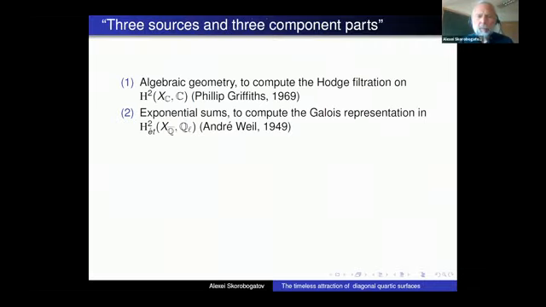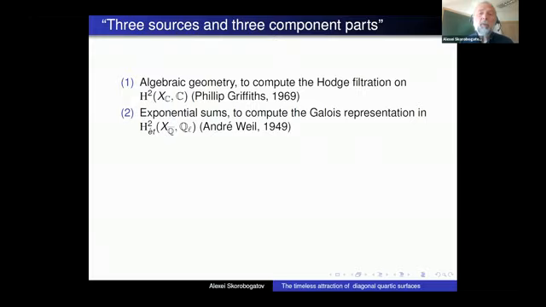So there are three ingredients to this method, and two of them are extremely well known. First of all, the Hodge structure on the middle cohomology group of diagonal hypersurfaces is quite well known by the work of Shioda, for example.